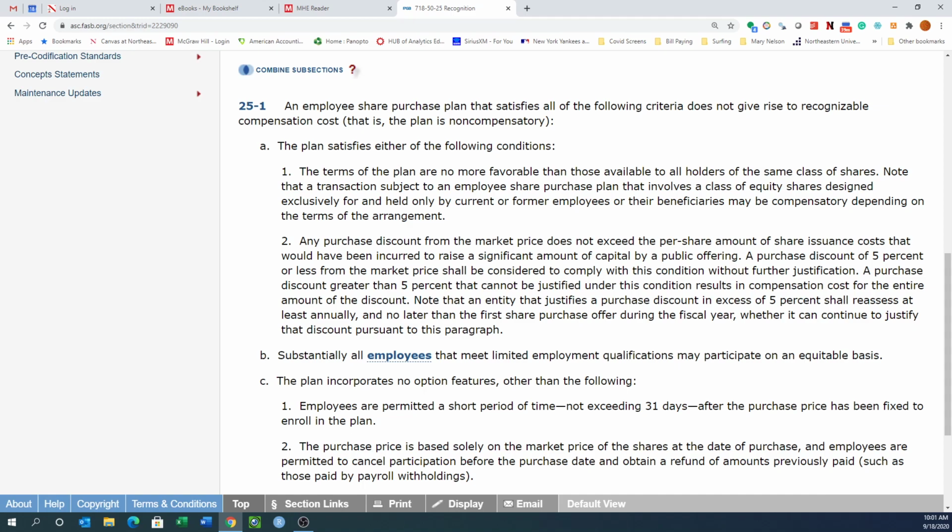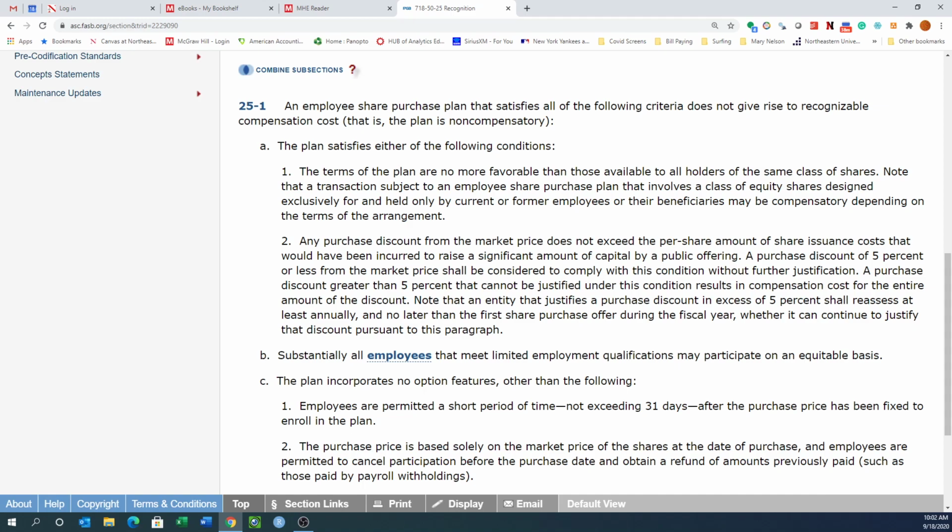And the last piece is, once we come up with the plan, employees don't have a lot of time, because we're saying you get to buy it at this market price. And you can have a shelf registration on the S-8 and come out every so often with a new tranche or a new segment of the plan. But once you come up with the plan, the employees have to enroll quickly.